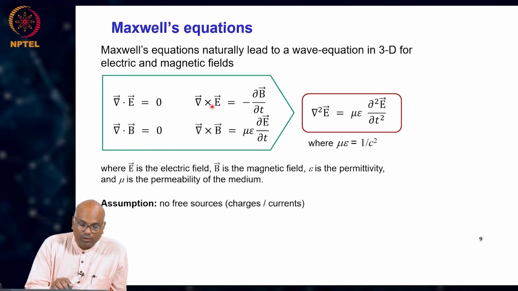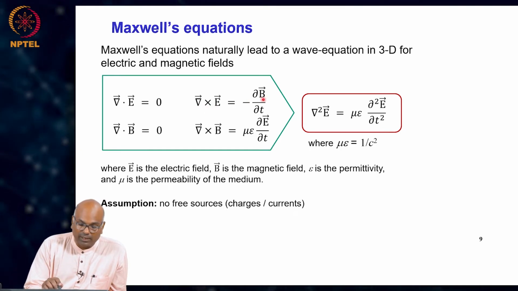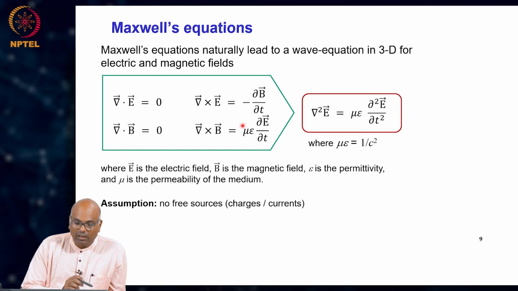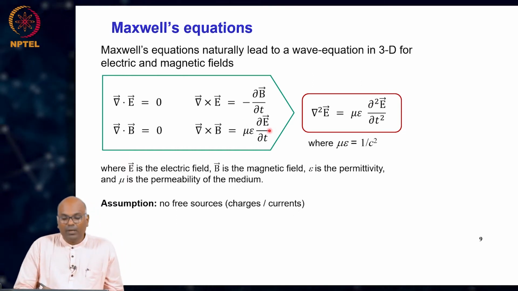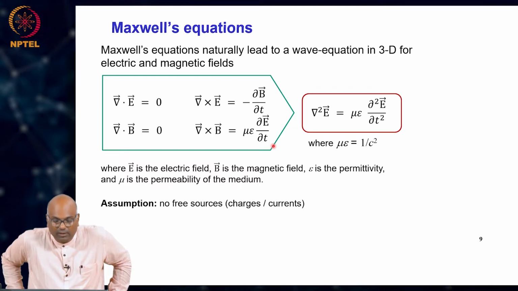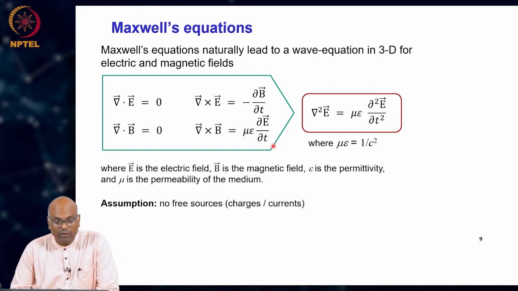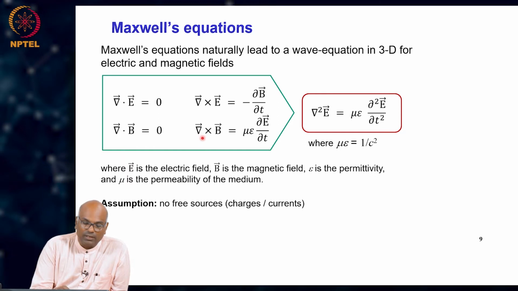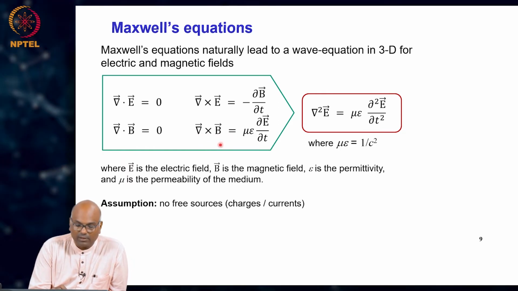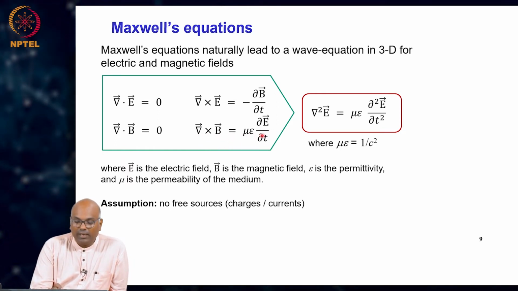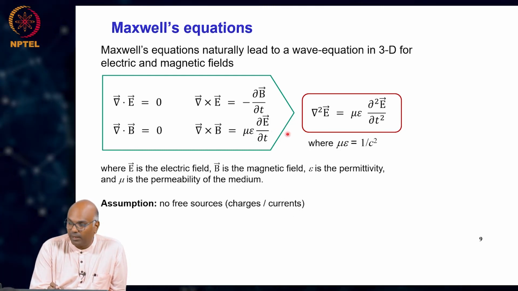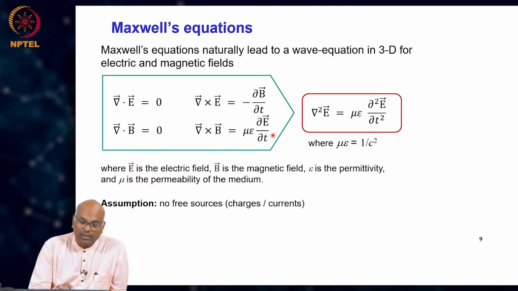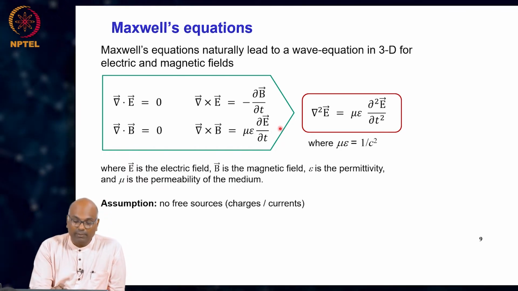And then we have two curl equations. The curl of E is minus dB by dt, the curl of B is mu epsilon dE by dt. For those who have learnt electromagnetics already, you would realize that in the equation with the curl of B, which is Ampere's law, on the right hand side we could very well have inserted a plus J sub F, as it is written often in textbooks of electrodynamics.